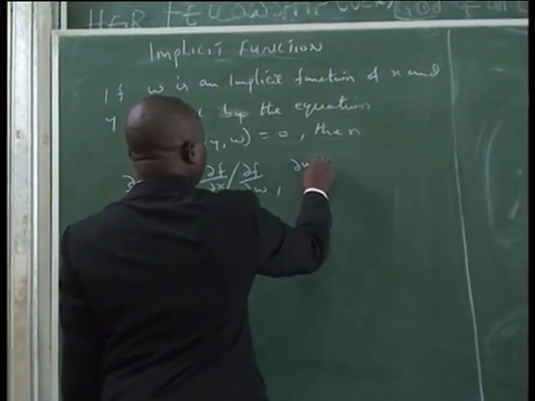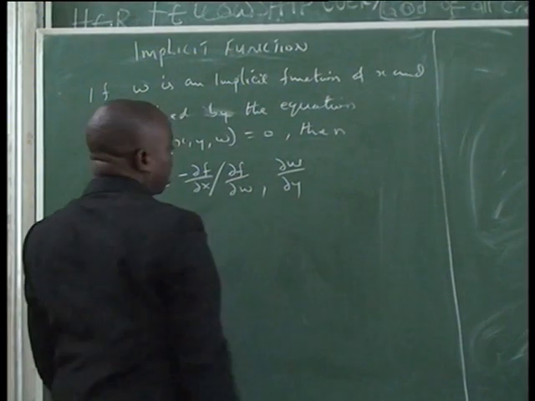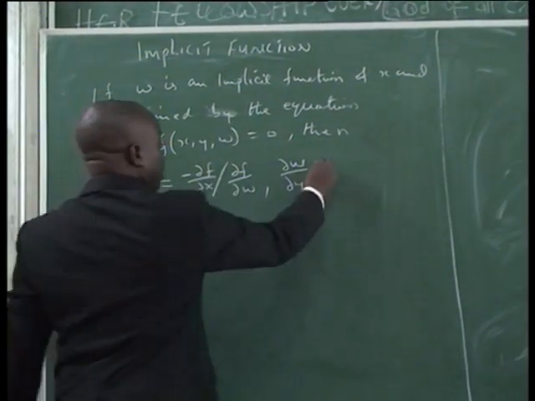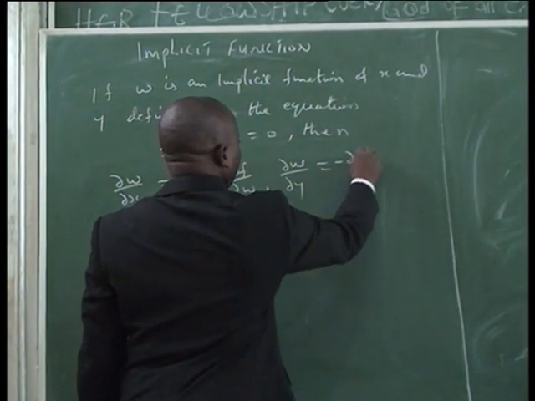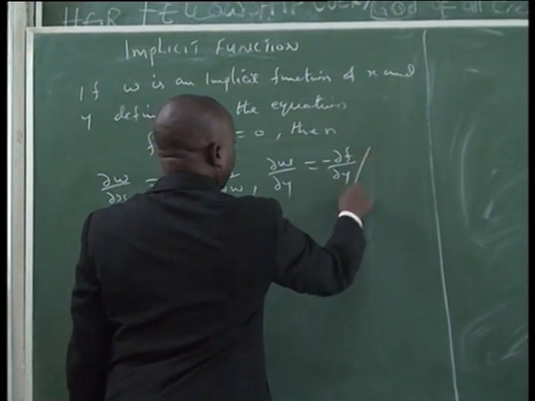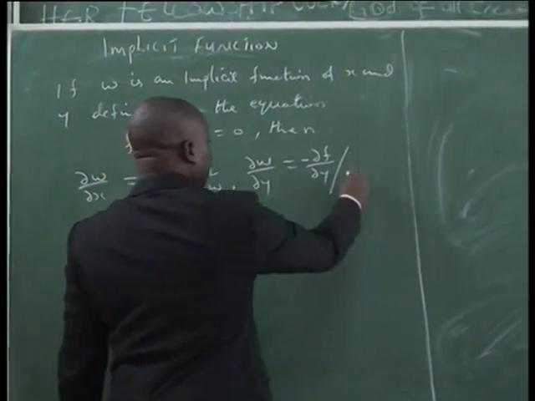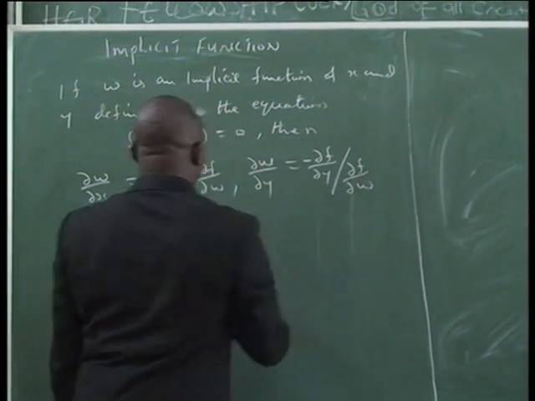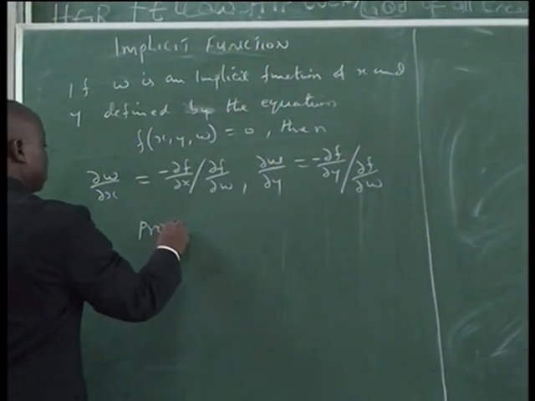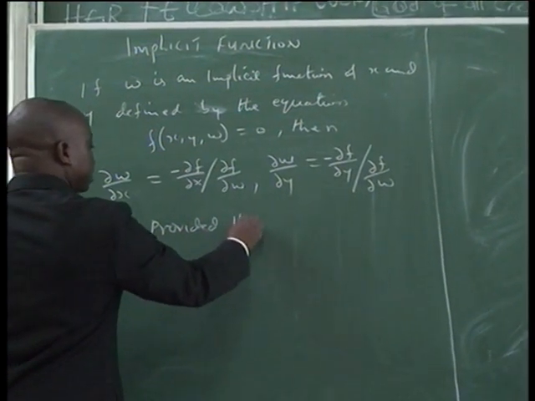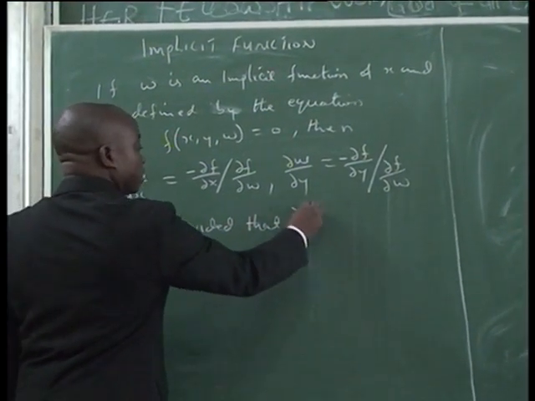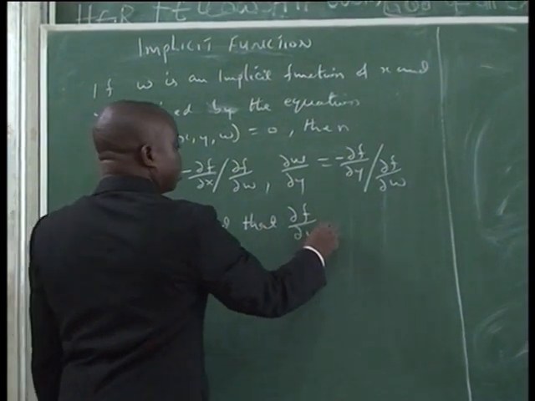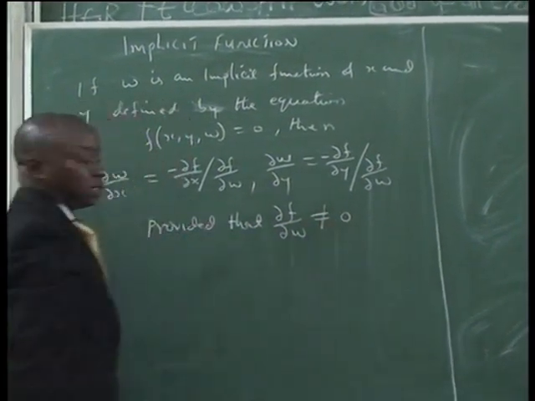Similarly, partial w, partial y will be equal to minus partial f, partial y divided by partial f, partial w, provided that partial f, partial w is not equal to 0.